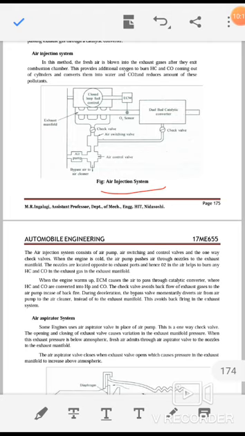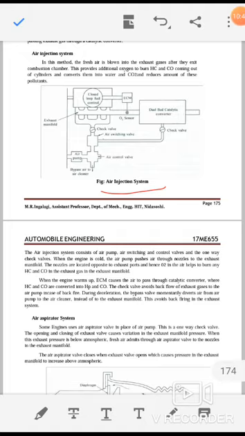So we have the air injection system to reduce the formation of what is exhausted as CO, HC and NOx into the atmosphere, which can be reduced by supplying air for complete combustion of all these pollutants.